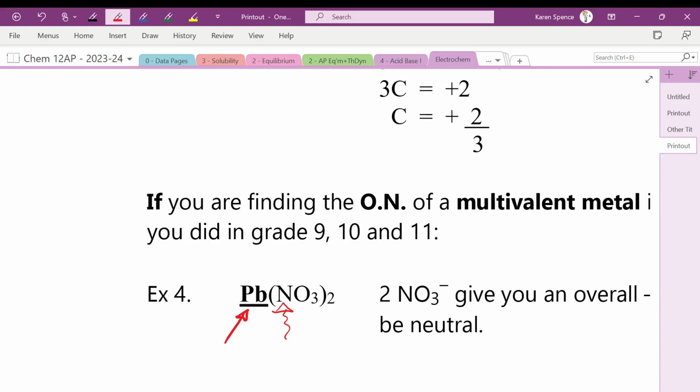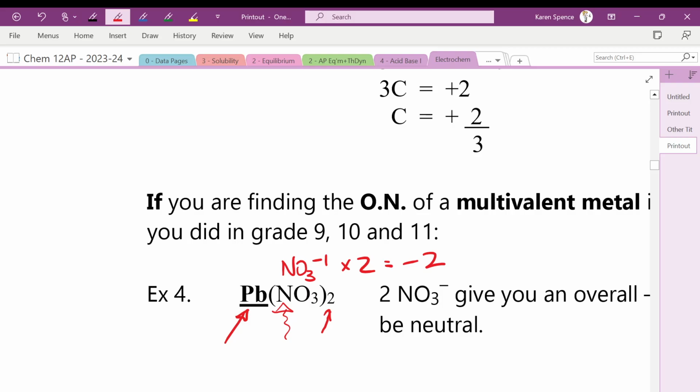That's okay, because what do you know? You know that nitrate is -1, and you know that you have 2 of them, so your negative charge is -2, so you know that lead is +2.